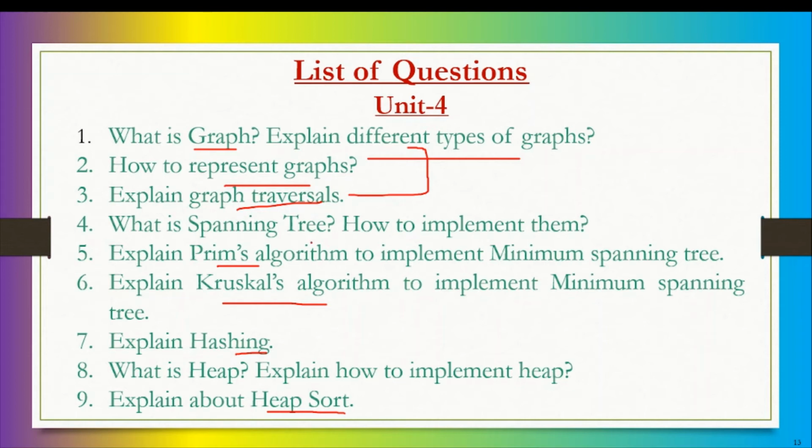Or just the spanning tree can be asked as a short question. So these two are easy and understandable topics. If you learn these two chapters perfectly, you can attempt any question from this fourth unit.